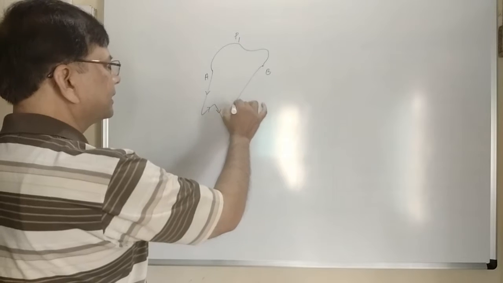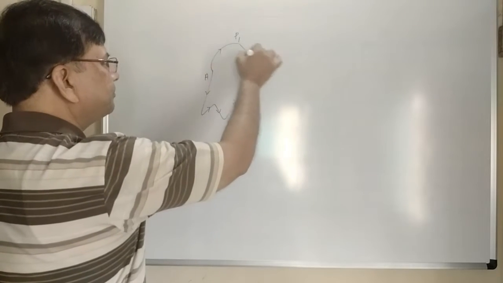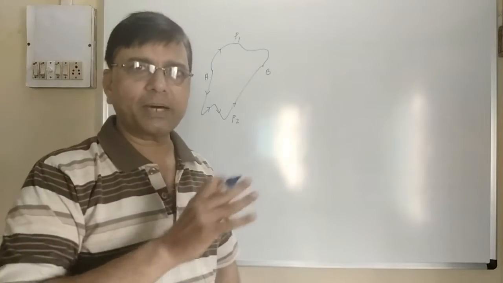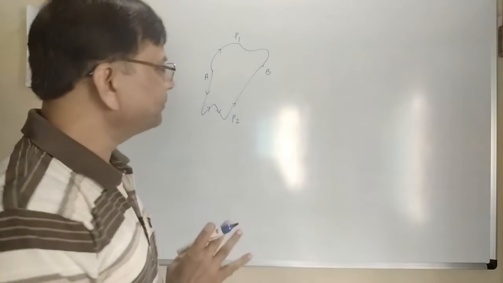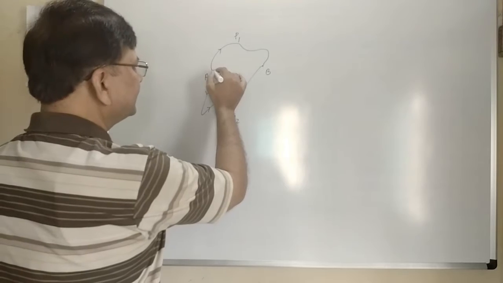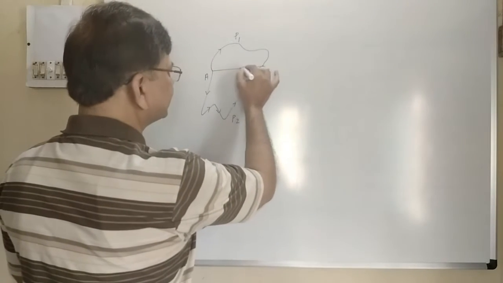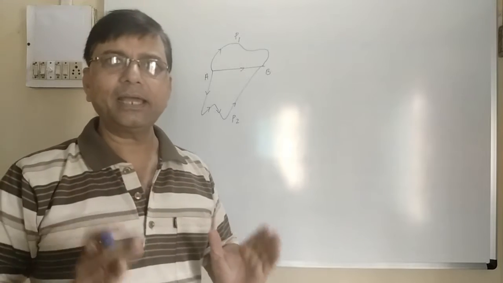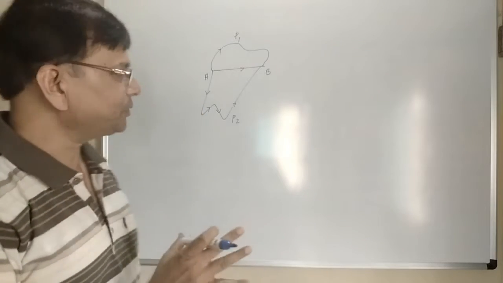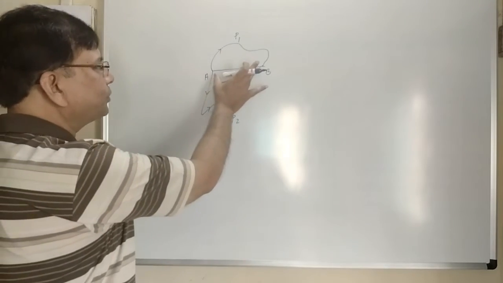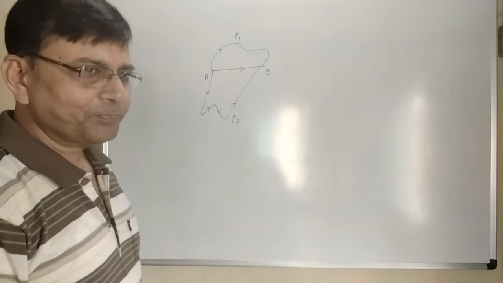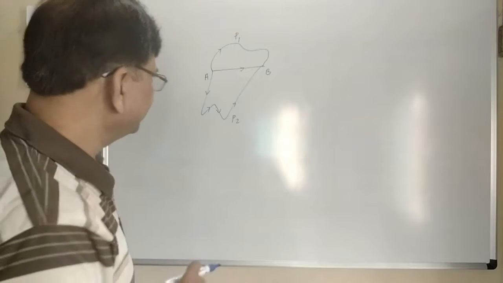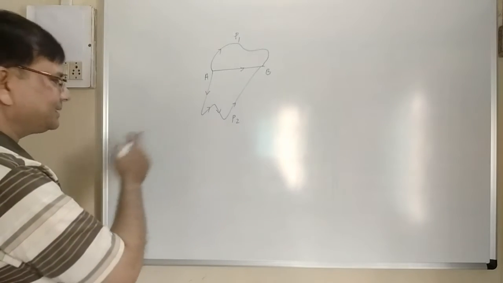Then the lengths of these two paths are called distance, and the shortest path gives the displacement. The distance between the two positions of an object along the shortest path is called the displacement. So distance and displacement is clear.